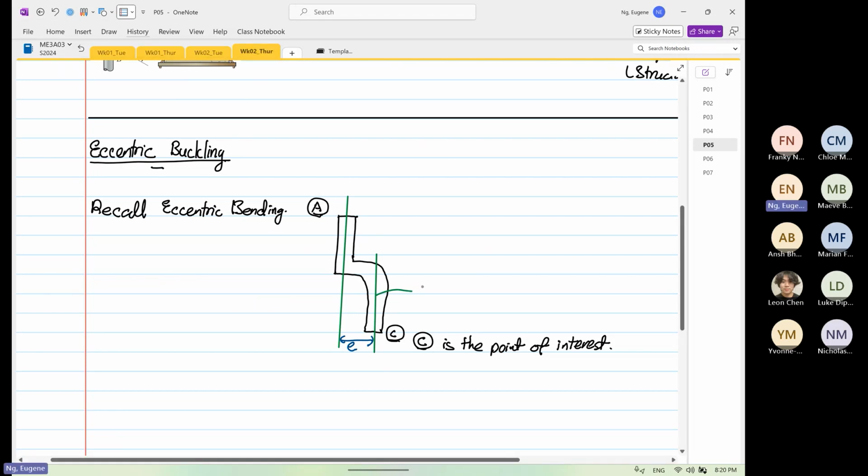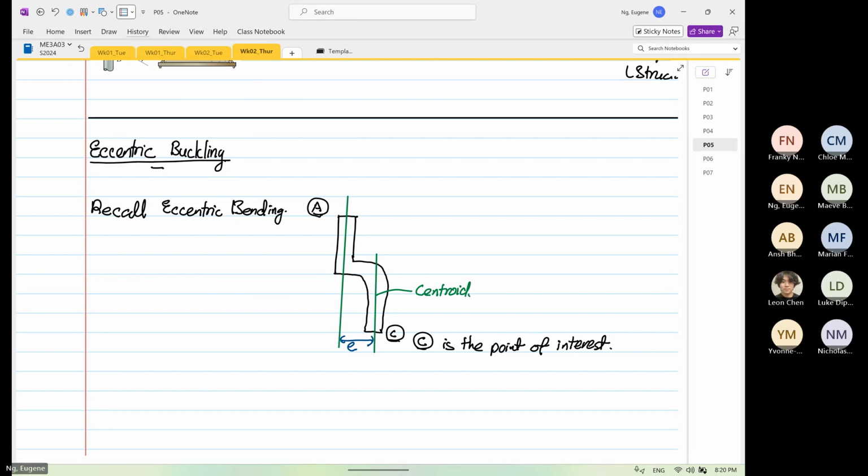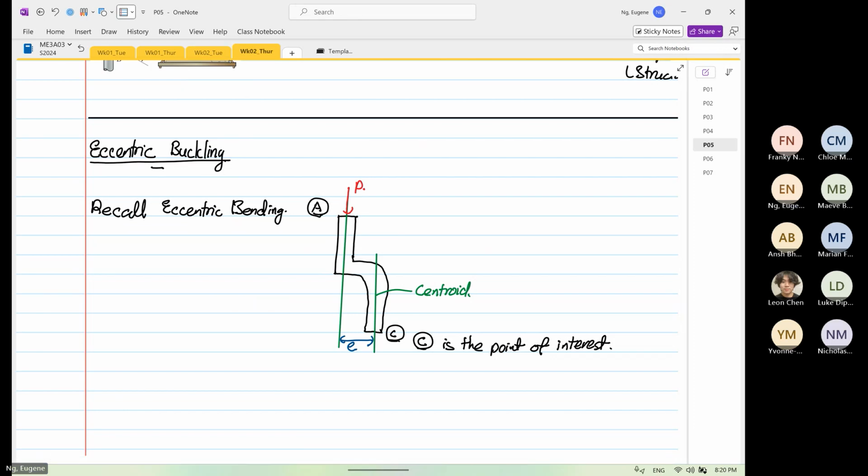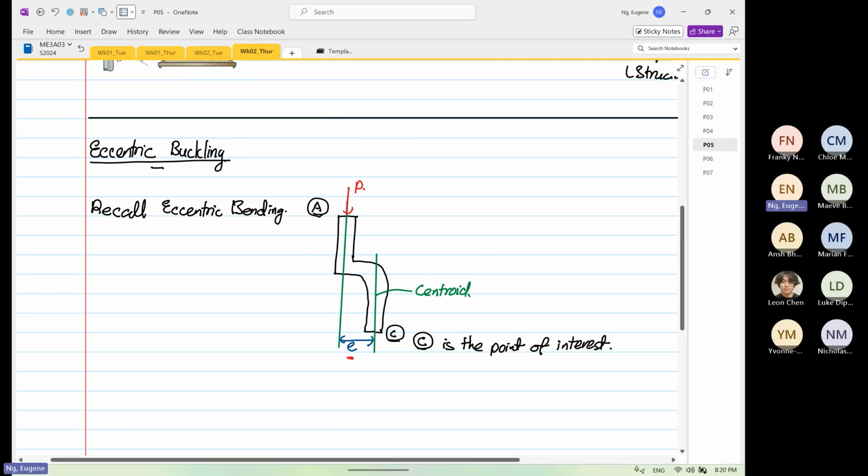So this is our centroid. The green line where I drew, there's a force P. So this P, being a certain distance away from C, is what we call E. So there is a moment acting in this direction.